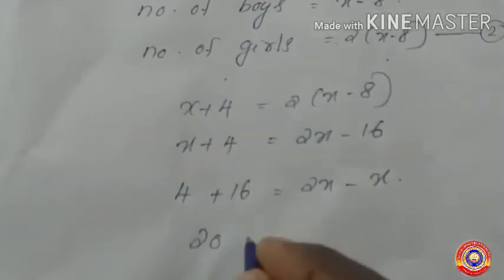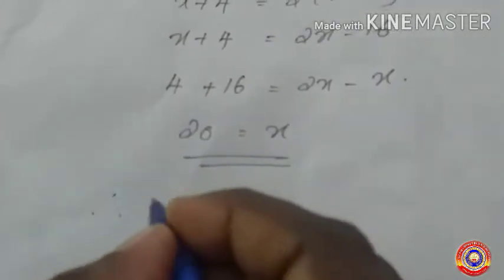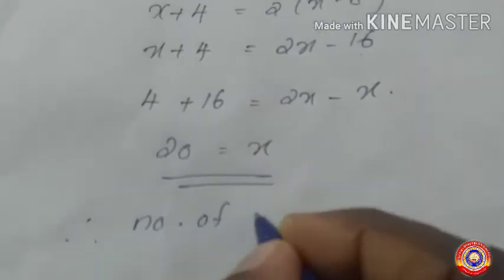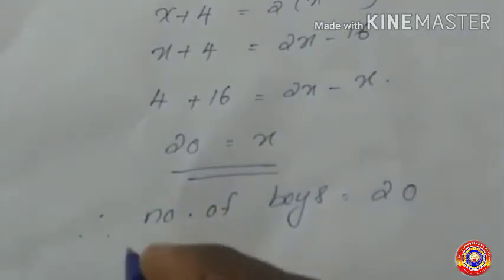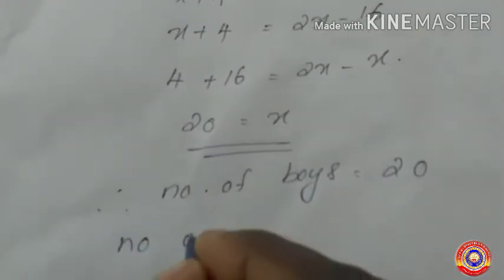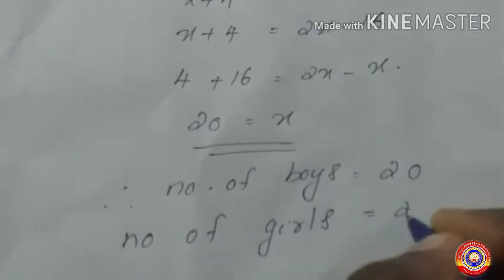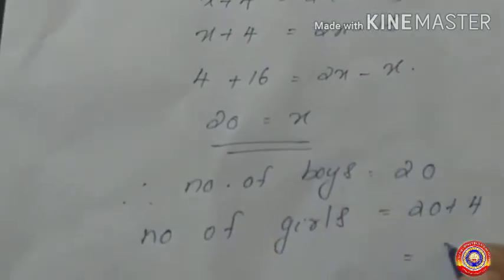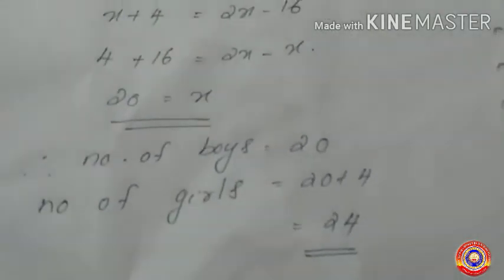So it becomes 20 equal to x. x means the number of boys. So the number of boys in the class is equal to 20. And number of girls is 4 more than the boys, that is 20 plus 4 equal to 24. Is it clear for you?